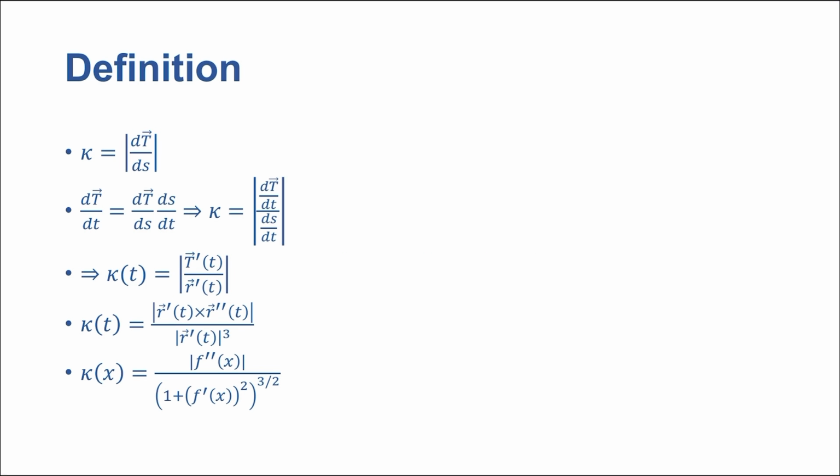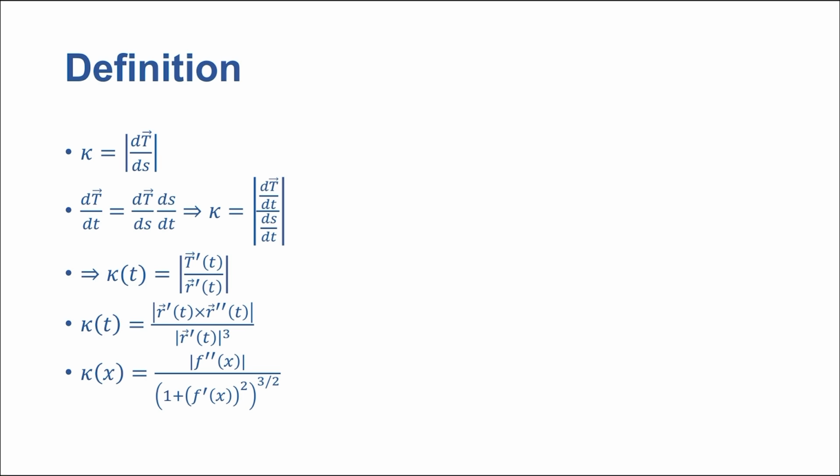Now, my heading here says definition, but what it really should say is definitions, because we have a lot of definitions to cover. We can define the curvature as kappa, and kappa is equal to the derivative of the unit tangent vector with respect to the arc length, or the arc length parameter. Now, we can actually rewrite our dT by ds by using our definitions of chain rules.